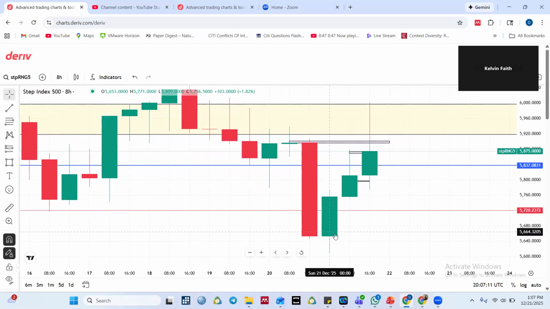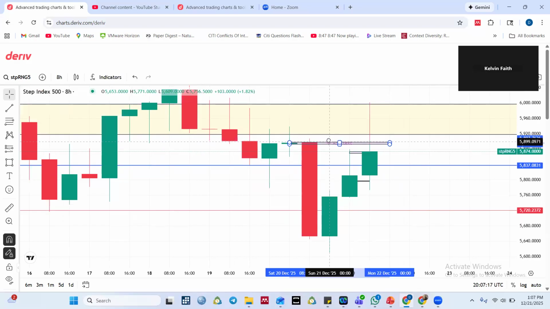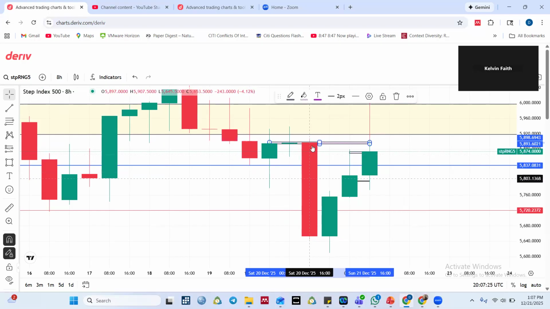Look at the 8 hour. The 8 hour is having three bullish candles that are all fighting hard to close above this large, big bearish candle, which means this bearish red candle here, look at how big it is. There is selling power or energy within this candle.